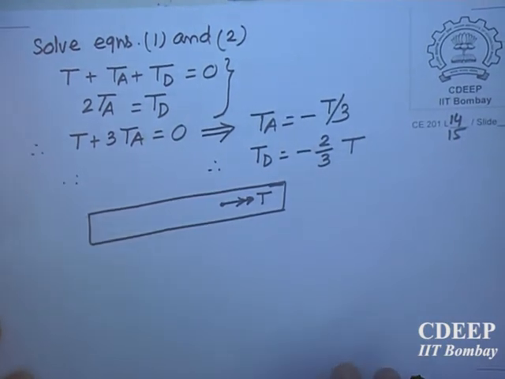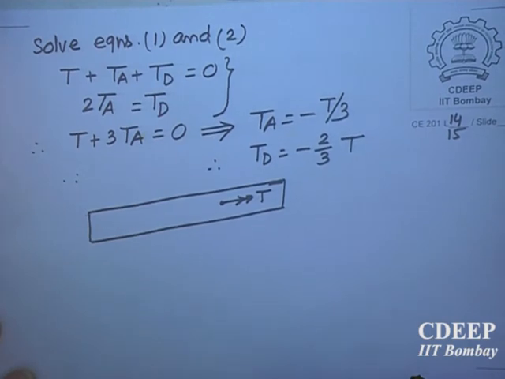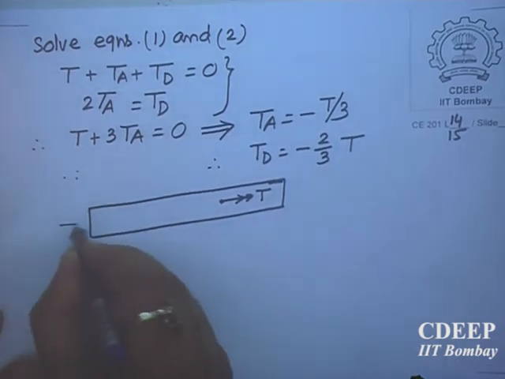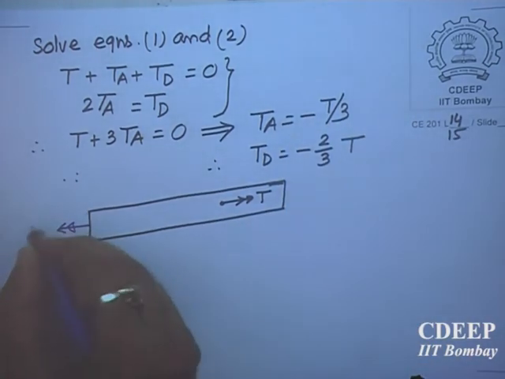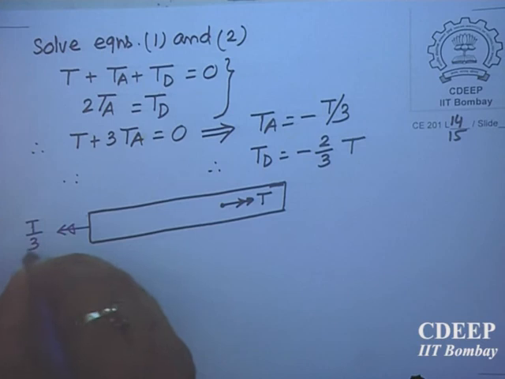I think that we have been proved wrong. That was a wrong assumption. So this must be opposite because there is a negative sign. So TA equal to T by 3.